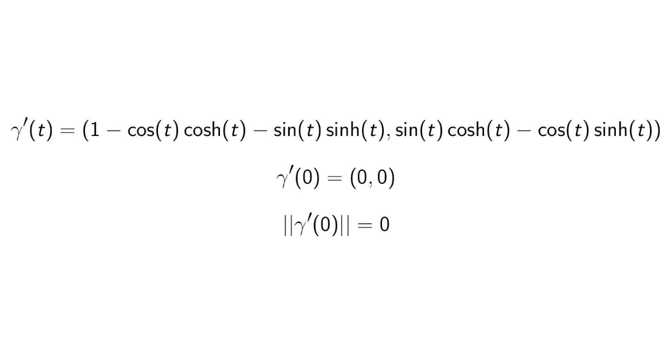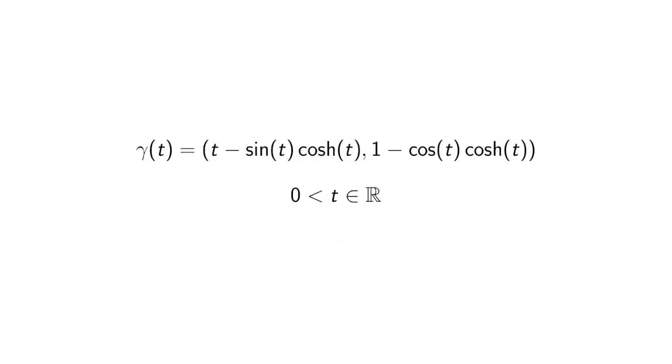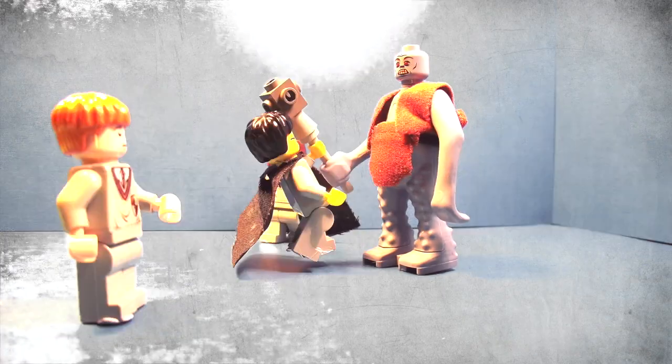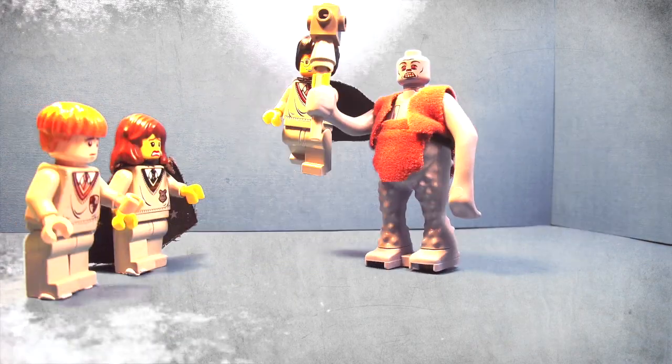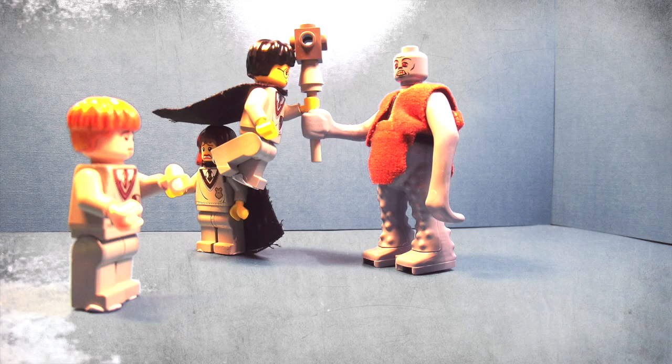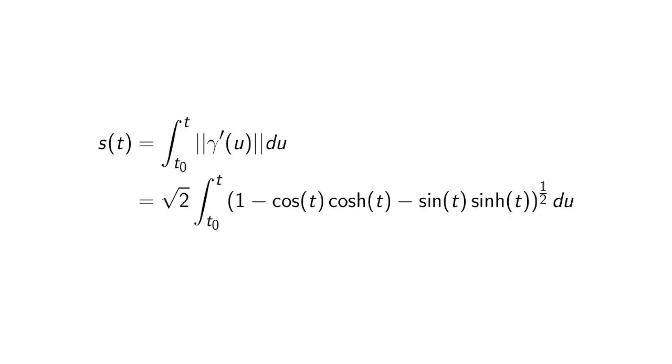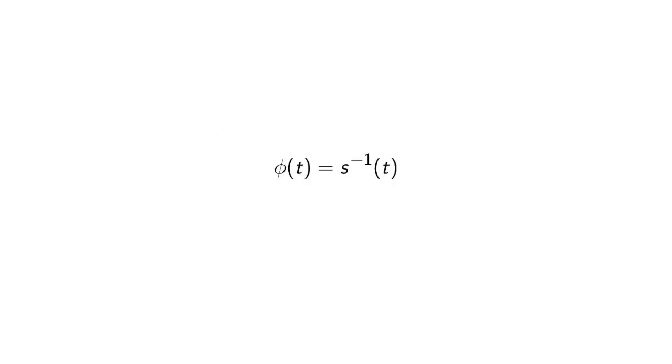We've got to restrict the domain. Restrict the domain then! Okay. Oh, it's not unit speed. Ron, you have to make it unit speed. Harry! Ron, do something! Make it unit speed! We can't find the explicit parameterization, but we know it exists because it's regular.